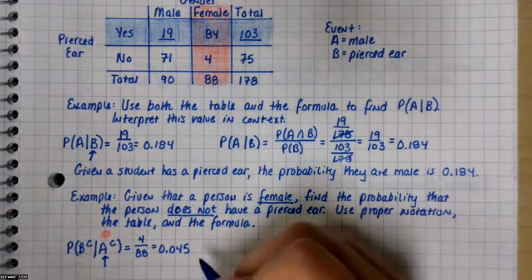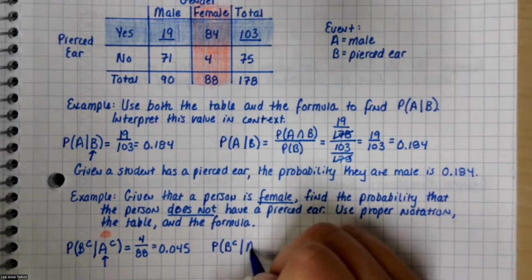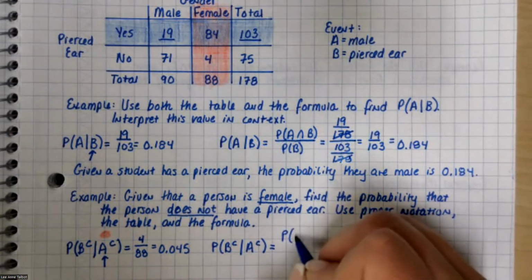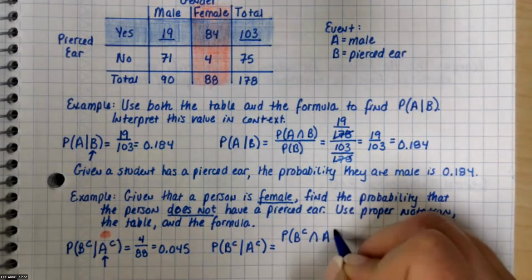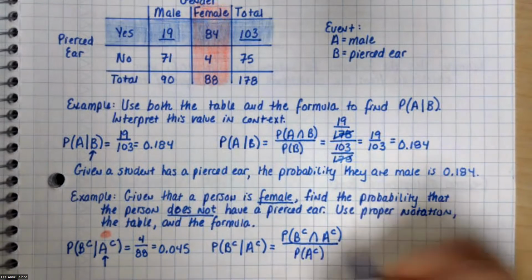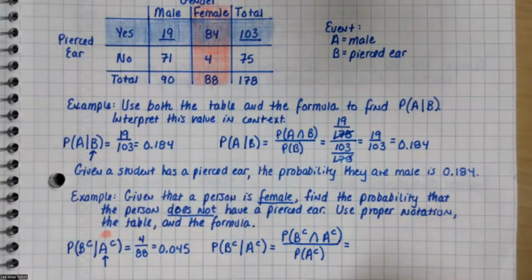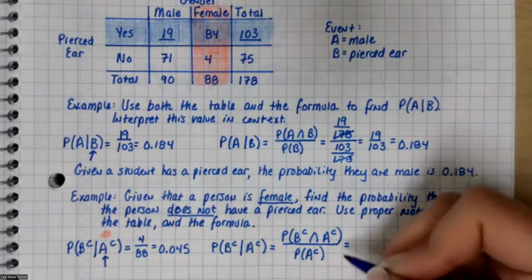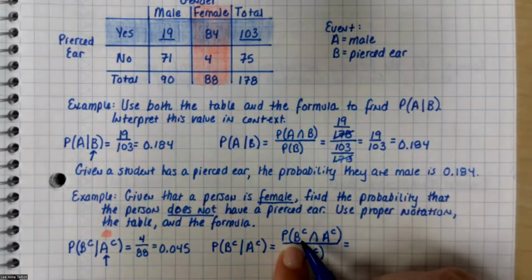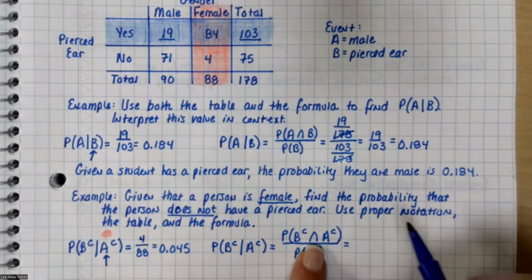Okay, now let's do it with the formula. Now that we know what's going on, this is sort of anticlimactic, but this is saying what's the probability of not having a pierced ear and not being male at the same time.